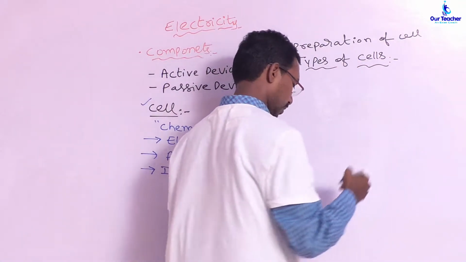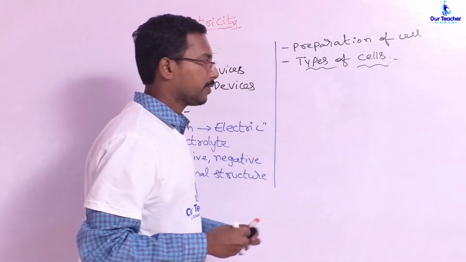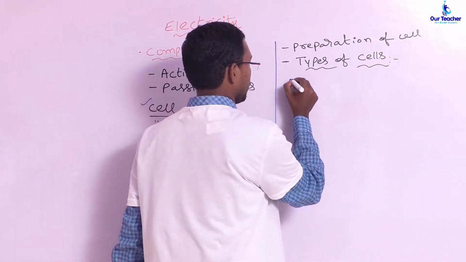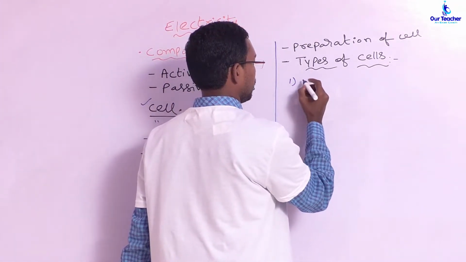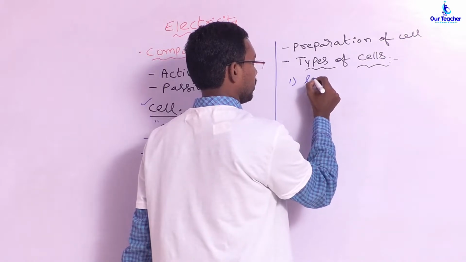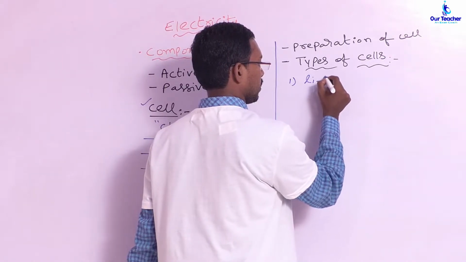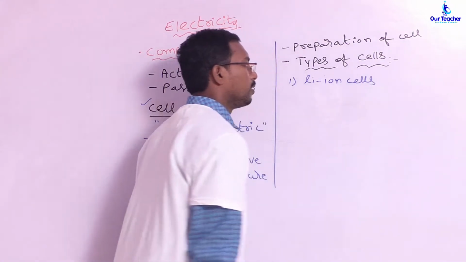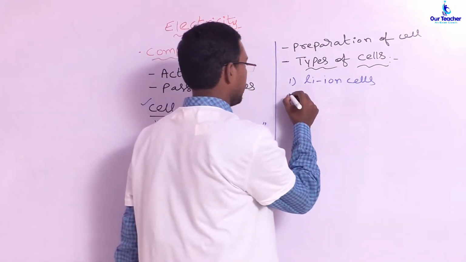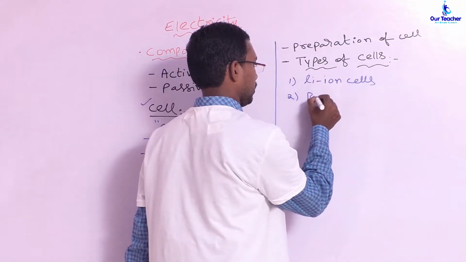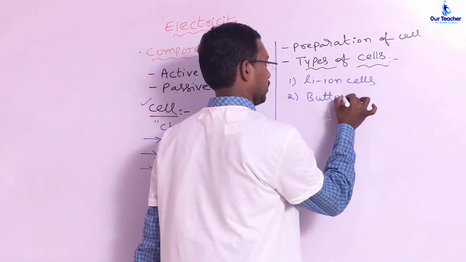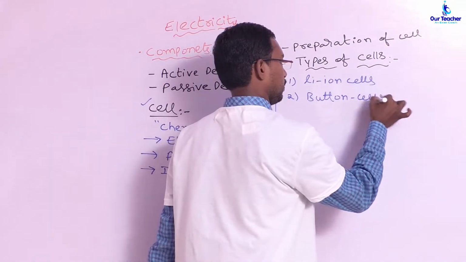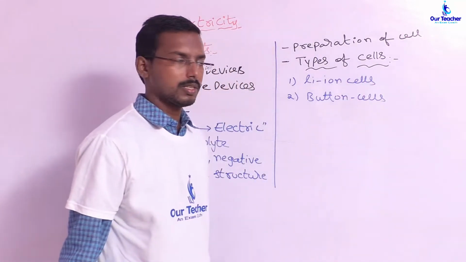Types of cells are like, first one, lithium ion cell, which is used in your mobile phones. Second one, button cell, which is used in wristwatches.